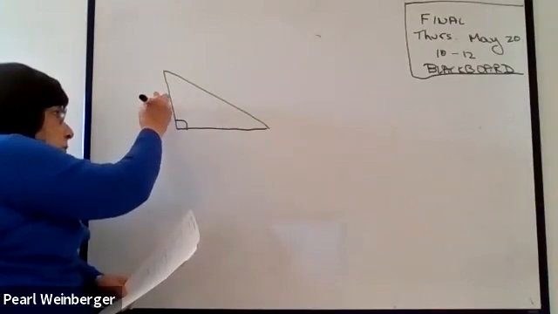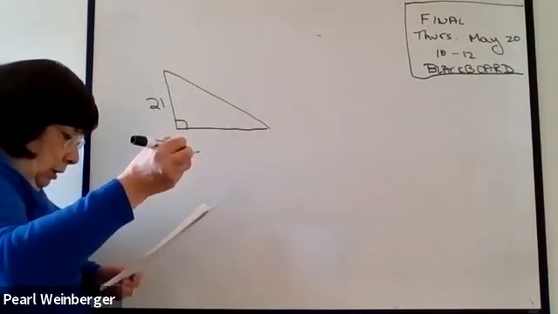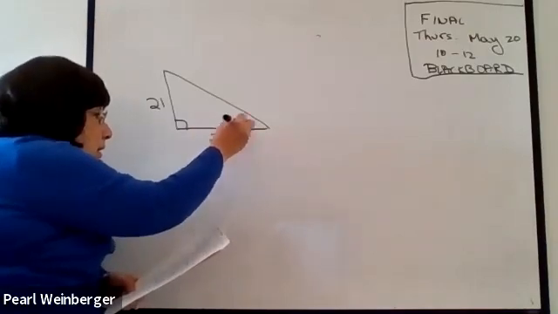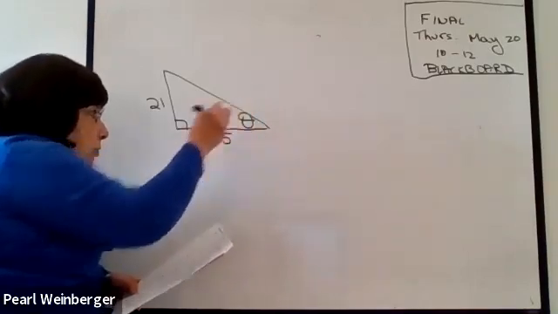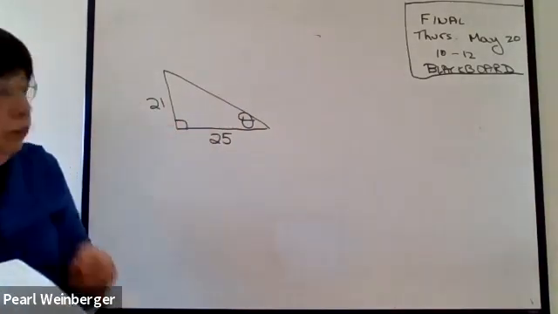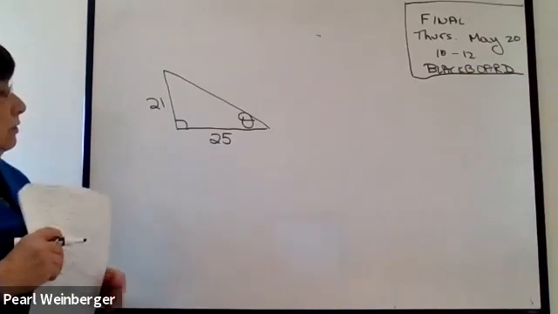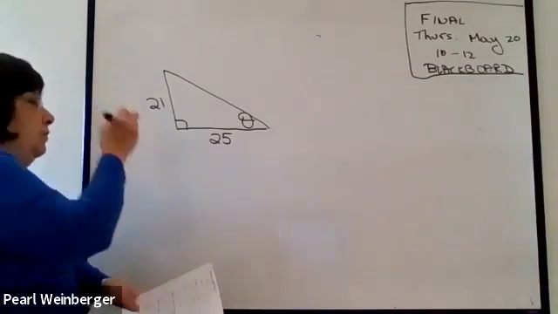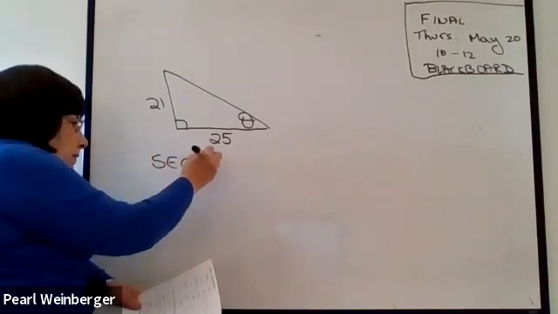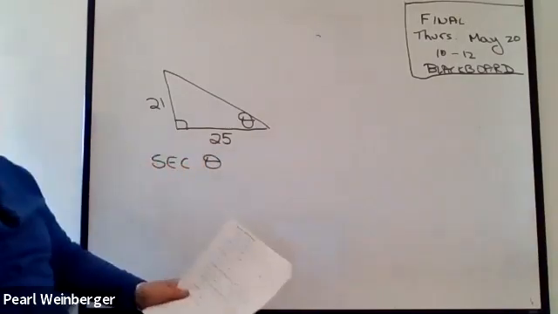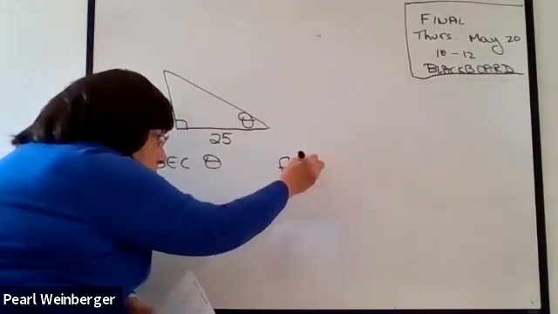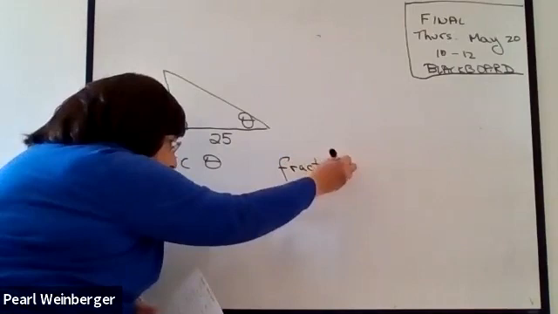They tell me this side is 21 and this is 25. And this angle is the angle we called theta. Remember that it looks like a 0 with a line through it. What if they asked me to find the secant of theta? We're going to find it in two ways. We're going to do it as a fraction, and we're also going to do it as a decimal.